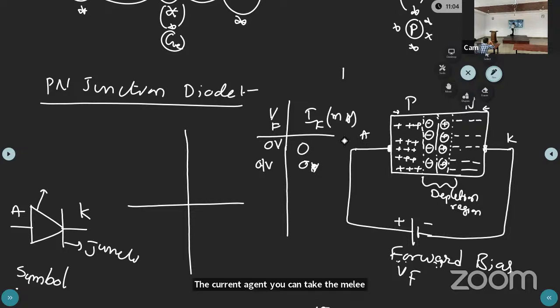Okay, now we can increase to 0.2 volt. Again it will move here and here. Now some force is applied on the barrier. At 0.2 volt, some of the barrier width decreases.